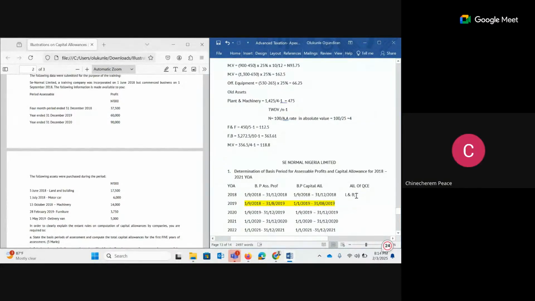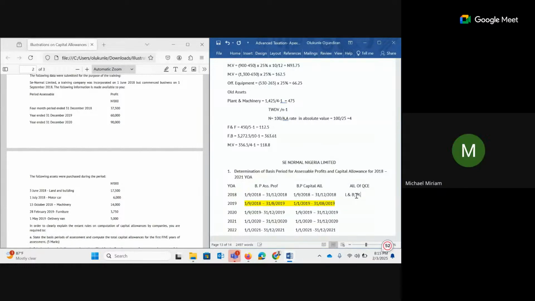Second one. The asset is purchased 1st July 2018. That's motor vehicle, right? As at 1st July 2018, as the business commenced. It means automatically we assume that the asset was purchased on the first day the business commenced. Is that correct? Yes.